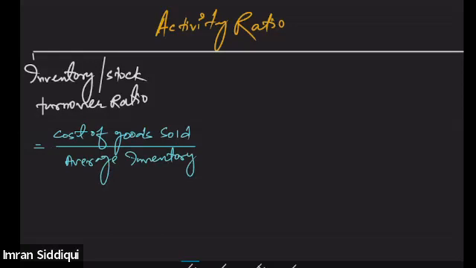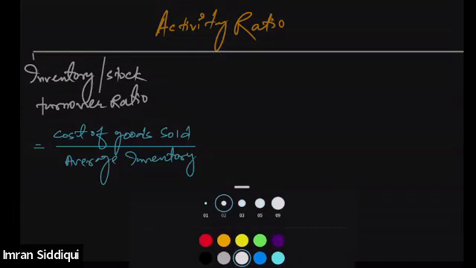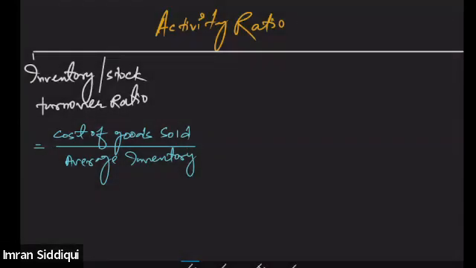Always remember that in the case of the activity ratio, the answer we get is always interpreted in terms of times, not in terms of a ratio. For example, if we have 25 divided by 5, usually as a ratio it is written as 5:1, but under the activity ratio, all the ratios are expressed in terms of times.